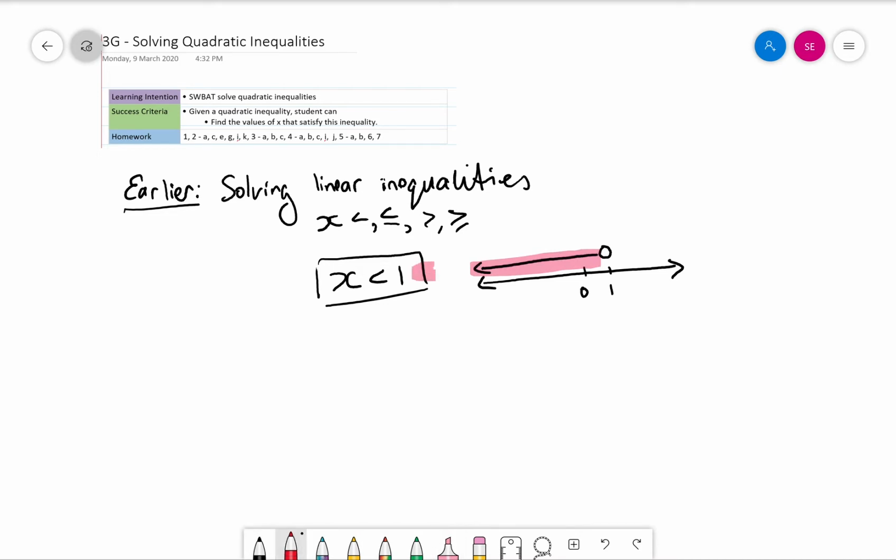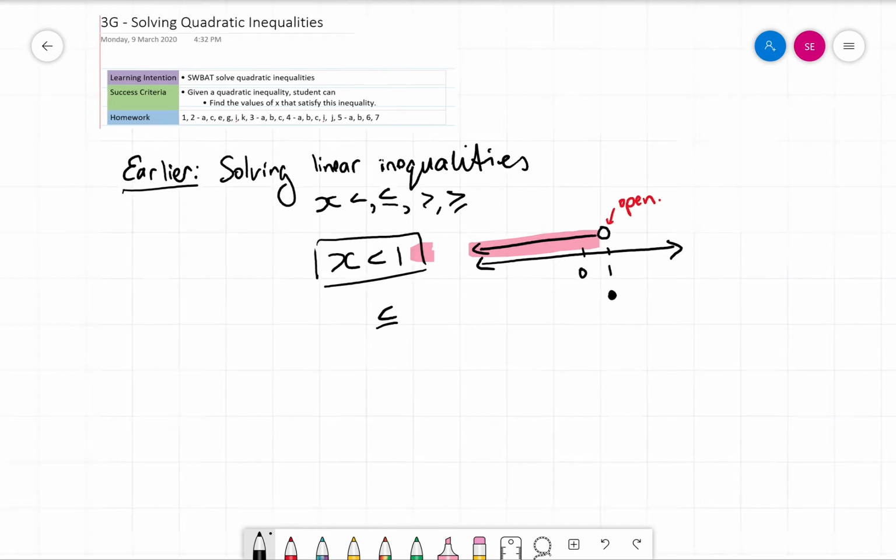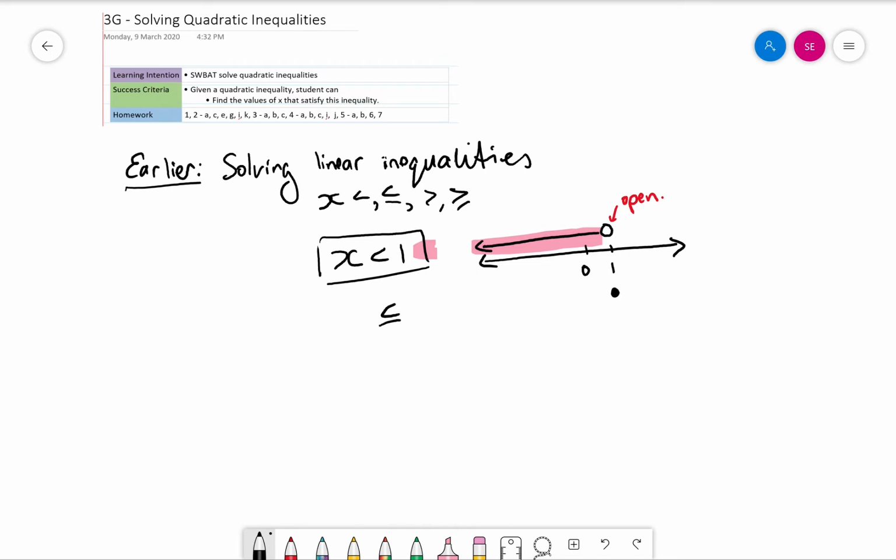Bear in mind we used an open circle there. If it was less than or equal to, we would color it in fully because it would also include 1 itself. But now, rather than linear, we're going to look at quadratic inequalities.